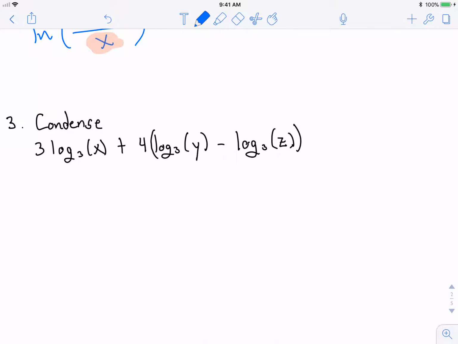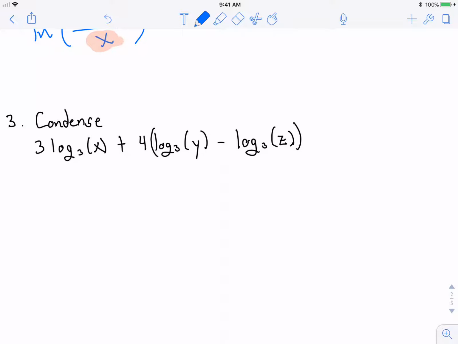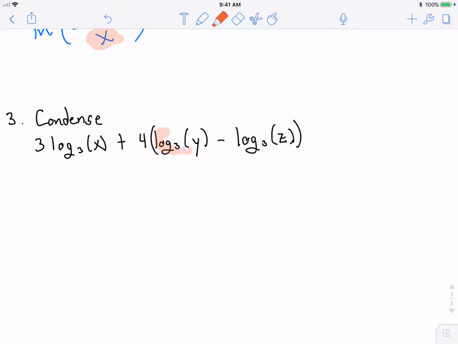Again, we're going to condense some logs, and we have two choices here. If we remember our order of operations, it says we should always take care of everything inside the parentheses first. So instead of doing the product property right away, let's deal with these two terms here, condense them down, and then we'll deal with things outside the parentheses.